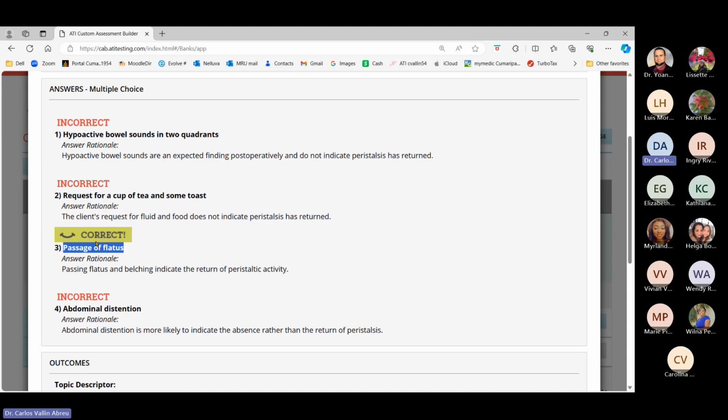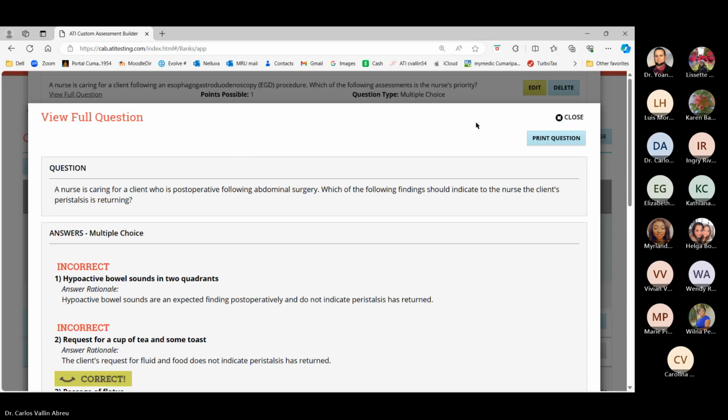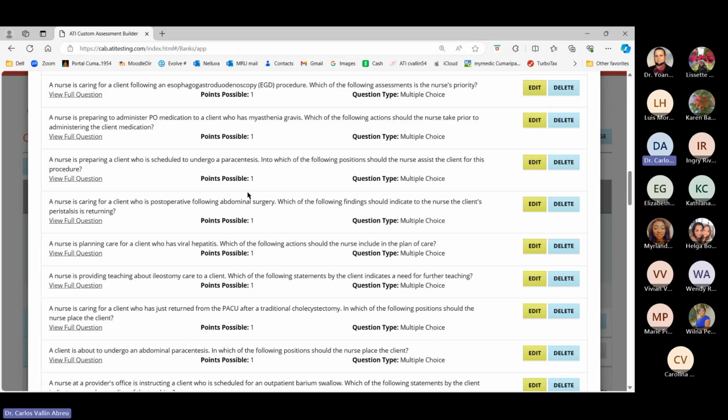It's much better than the return of the bowel sounds. Abdominal distension, no, and hypoactive bowel sounds in 2 quadrants, no. Flatus is the best evidence of the return of peristalsis.